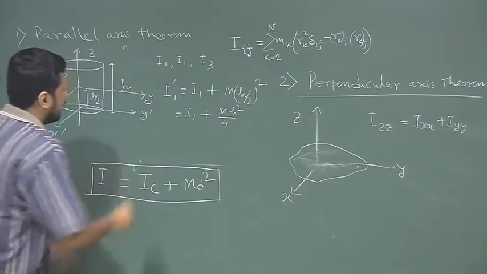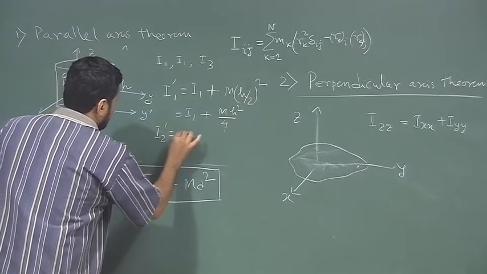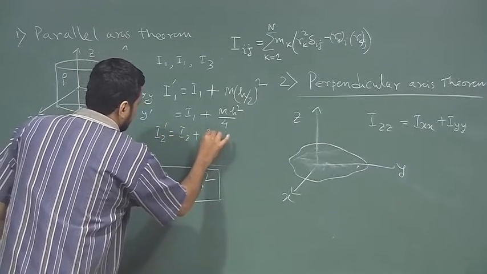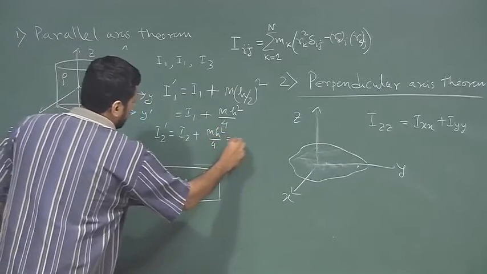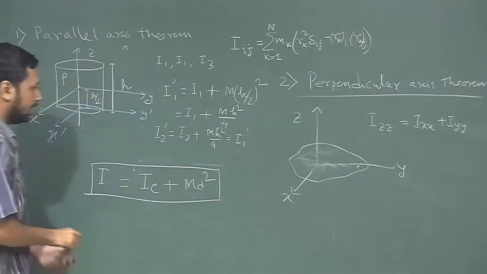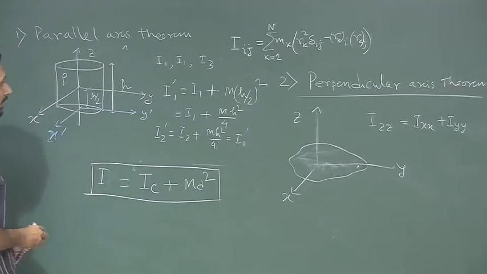Similarly, I2 prime will be I2 plus m h square by 4. Okay. I2 which will be equal to I1 prime, and I3, what will happen to I3?